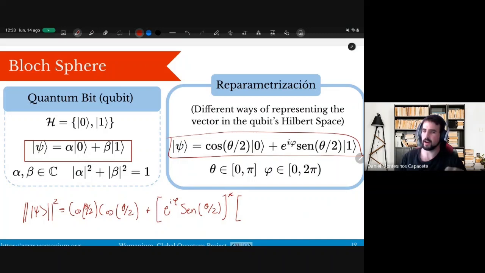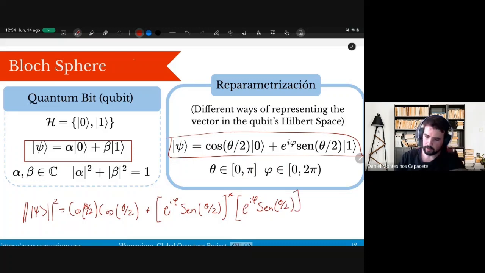And remember that the scalar product that we are using in quantum mechanics is similar to the scalar product in Euclidean space, like the vector space that we use in high school, but doing the complex conjugate to the coordinates. So that's why the complex conjugate.